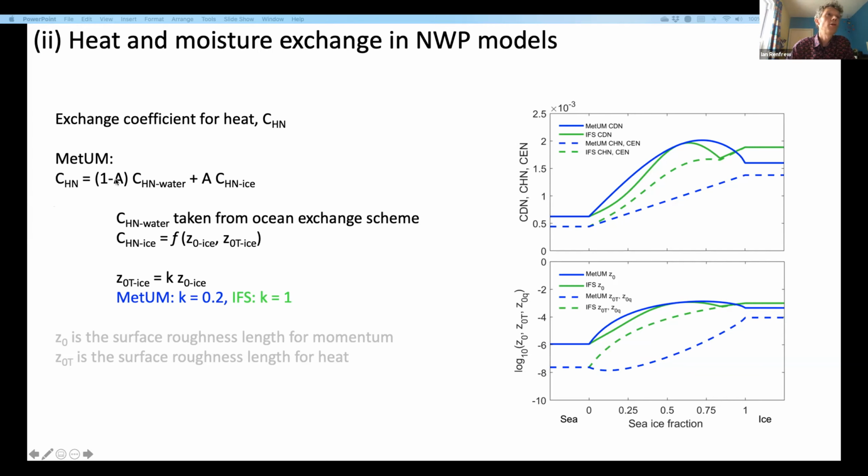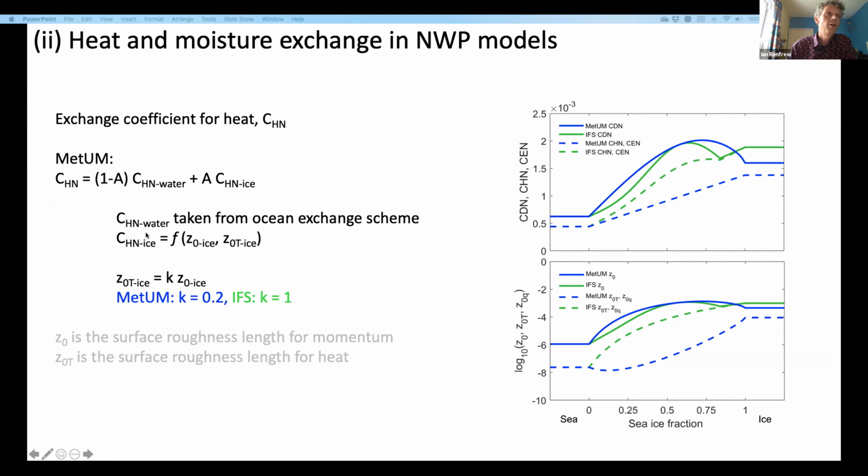In the marginal ice zone, for example in the Met Office Unified Model, it's represented as a proportion related to open water fraction, and an exchange coefficient over ice related to the ice fraction. So CHN ice multiplied by the area of ice, and CHN water multiplied by 1 minus the area of ice.